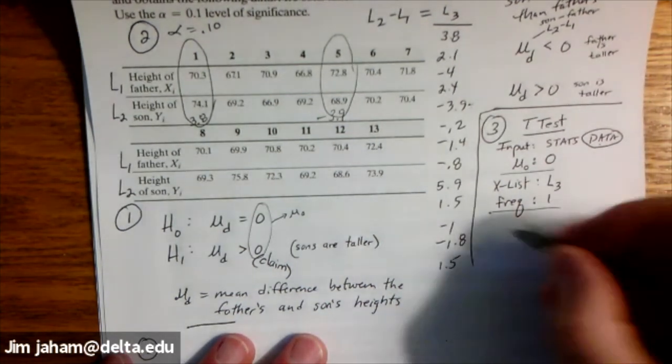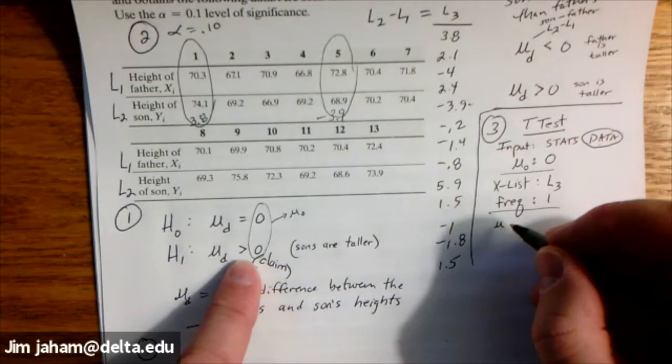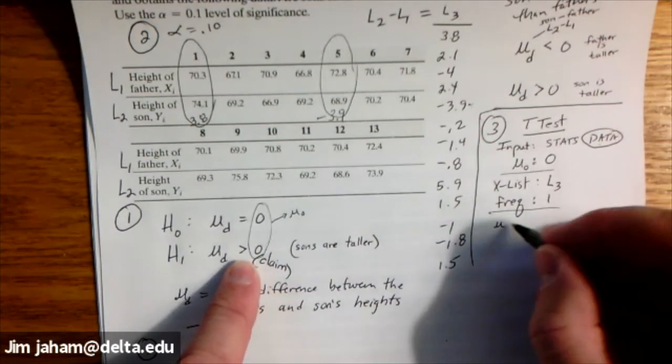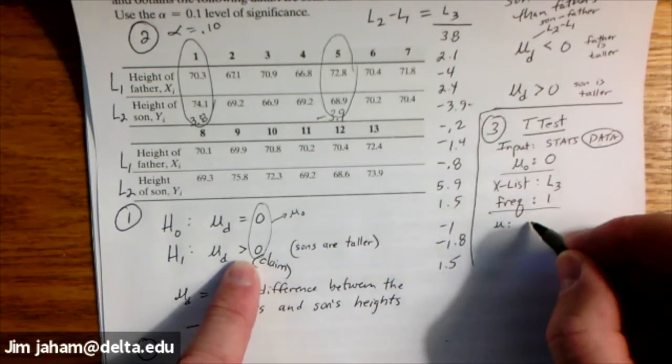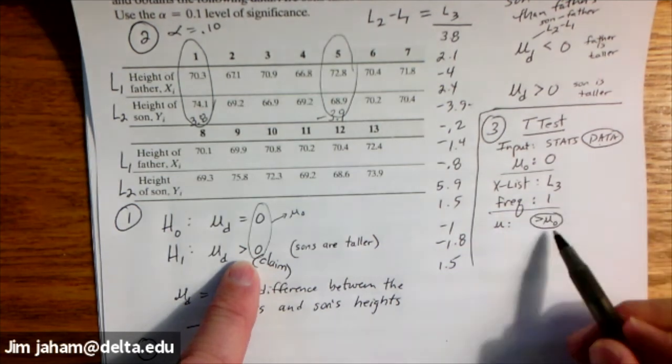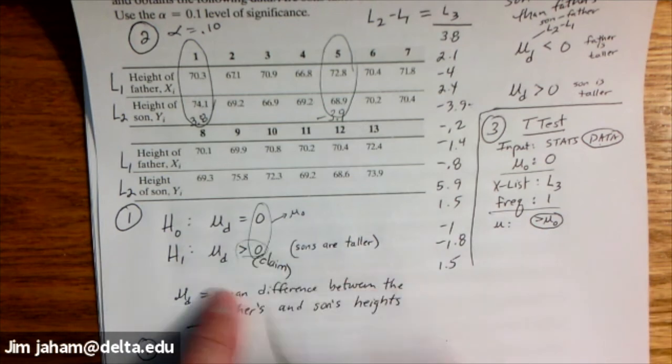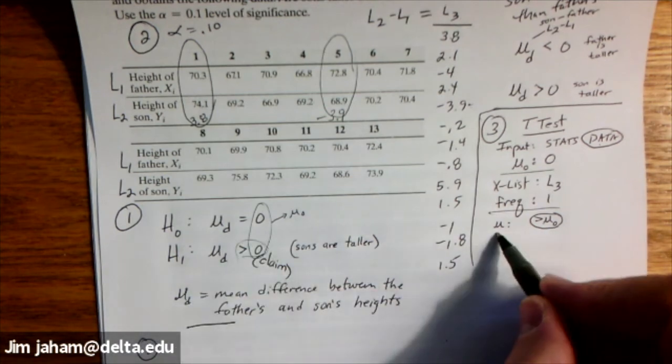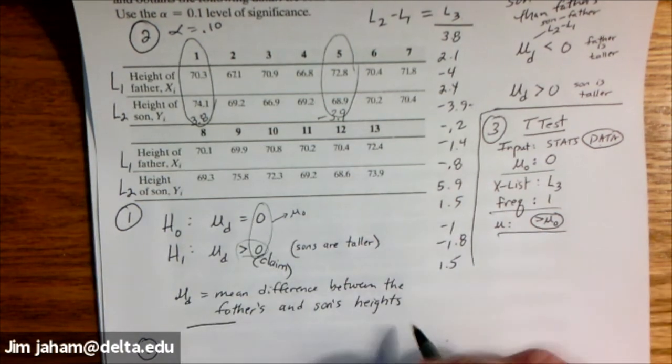And the only other thing is to specify the sign in the alternative hypothesis. And so we want to select greater than mu0. Greater than mu0. And then we can just go ahead and calculate.